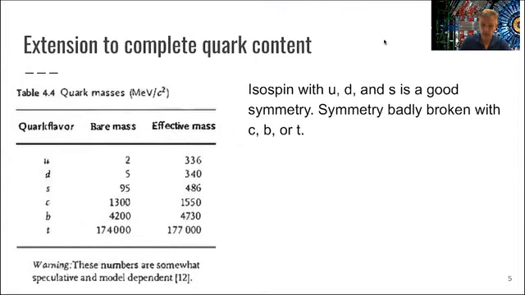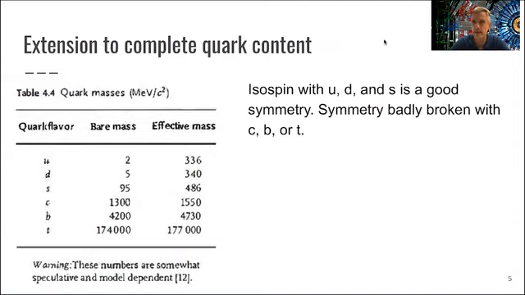However, if you try to extend this idea of isospin to the complete quark model, you find that the symmetry starts to be broken. It already starts to be broken slightly when you include strangeness, or strange quarks, but it's badly broken when you include charm, bottom, or top. And the reason can be seen here. The up quark and the down quark are the particles making up the pions, the neutron and the proton.